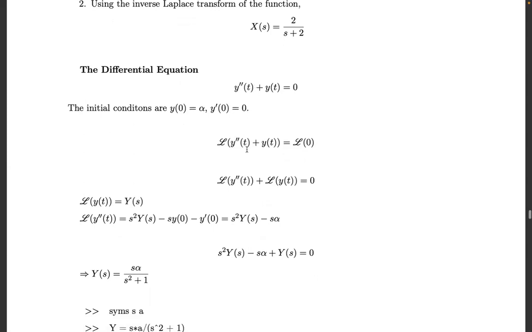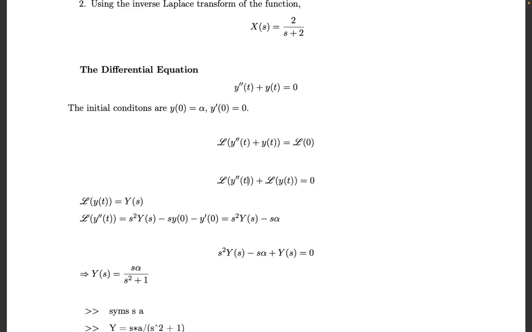Use the Laplace transform on both sides of this formula. So L of y double prime plus y equals L of 0, which is just 0. So this equals L of y double prime plus L of y. L of y of t is just the original Y of s.